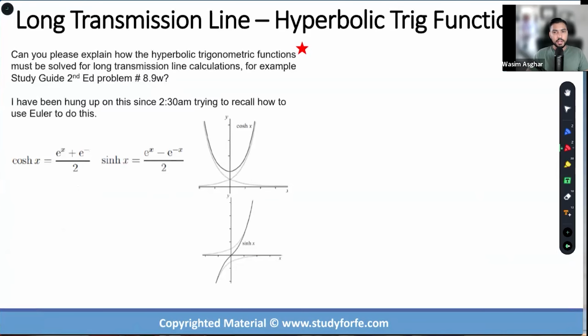Long transmission line hyperbolic trig functions. I recognize that the cosine hyperbolic and sine hyperbolic functions that we must use as part of long transmission line ABCD parameters cause quite a bit of confusion for students.